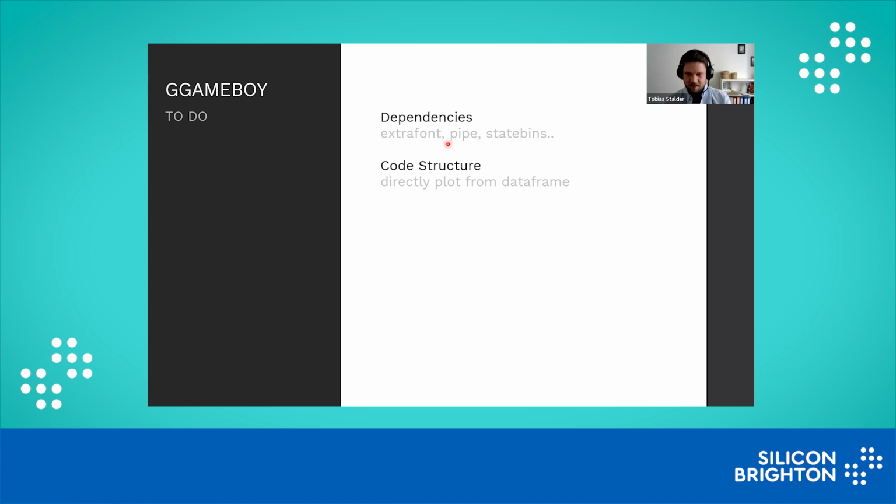I have to export the pipe separately, and I have some issues with the extra font, etc. So there's a lot of work to do, also regarding code structure. I really want to take one day and put all these numerics into a data frame and then plot the data directly out of a data frame, instead of having 4x4 geom points to plot a speaker, right?